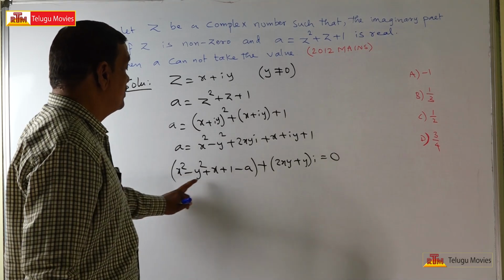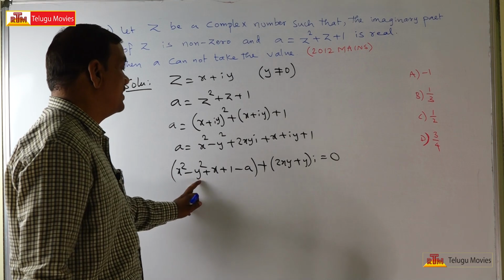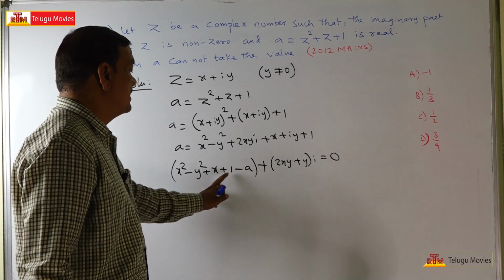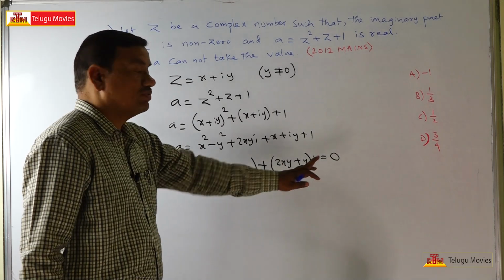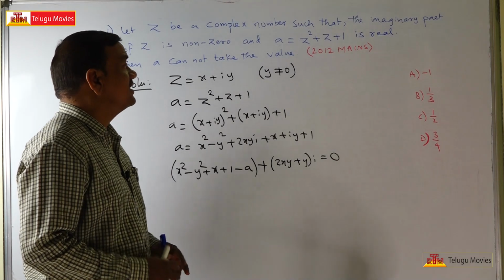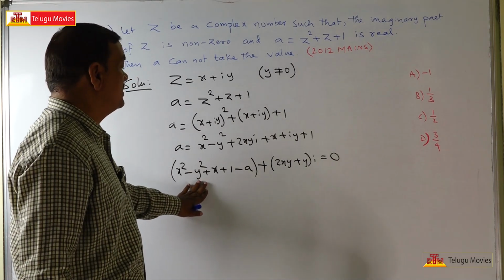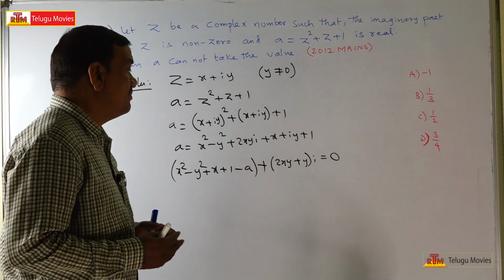So that is a real part and an imaginary part. X square minus Y square plus X plus 1 minus A, and 2XY plus Y times i is equal to 0. And moreover he is saying this number is a real number. A real number means what?